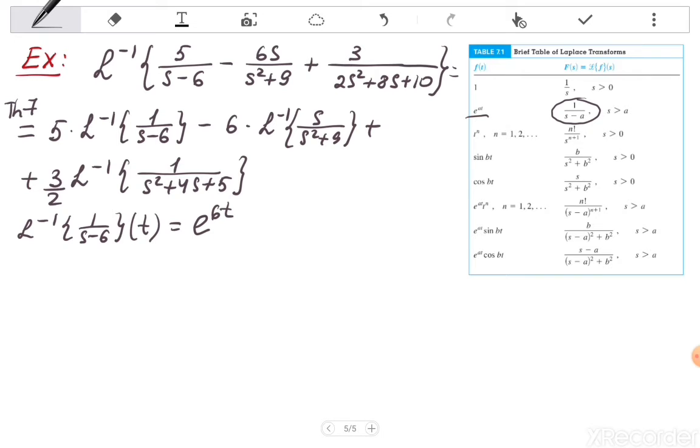Inverse Laplace transform of s over s squared plus 9 at a point t. Again, we look in the table, it's very similar to this expression, and this is the Laplace transform of cosine bt. So this is cosine 3t, where b is square root of 9, which is 3.